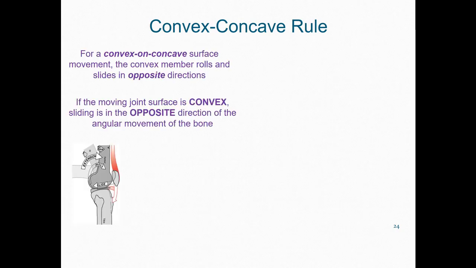Let's run through the convex-concave rule. For a convex on concave surface movement, the convex member rolls and slides in opposite directions. In other words, if the moving joint surface is convex, sliding is going to be in the opposite direction to the angular movement of the bone.